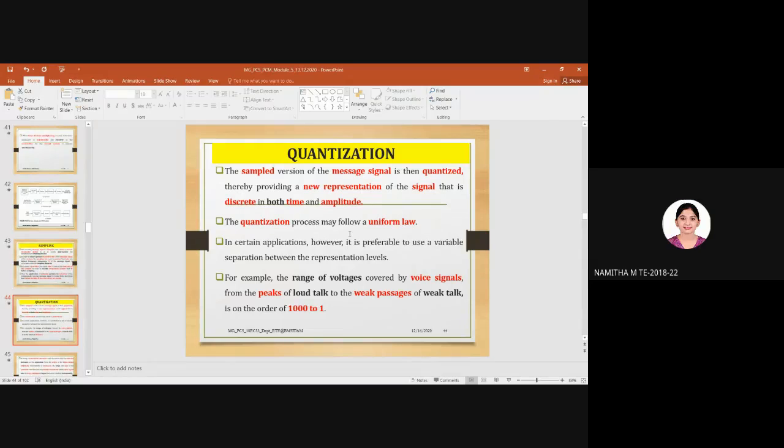Sir, uniform quantization means there will be equal spaces between the discretized amplitudes. Yes, the representation levels will have equal spacing. In case of non-uniform quantization, the representation levels will have different spacing. So there is a difference.